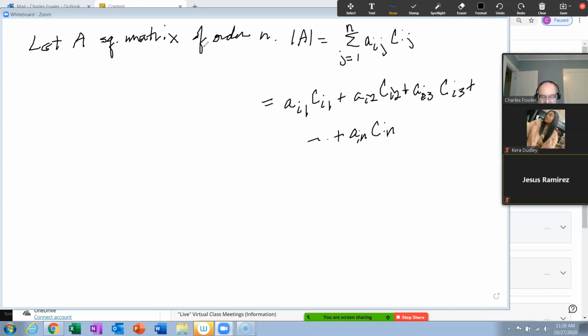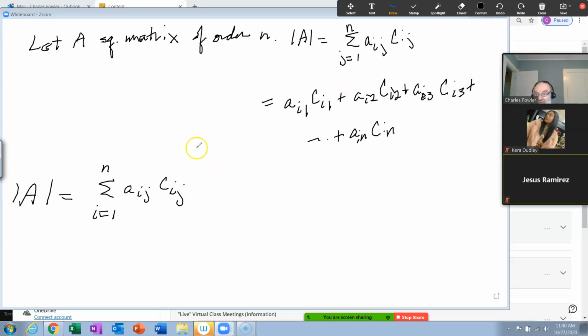And that's absolutely correct. Now, another way you could express this, same A, same everything else, is that the determinant of A would be equal to the summation of i equals 1 to n of a_ij times C_ij.